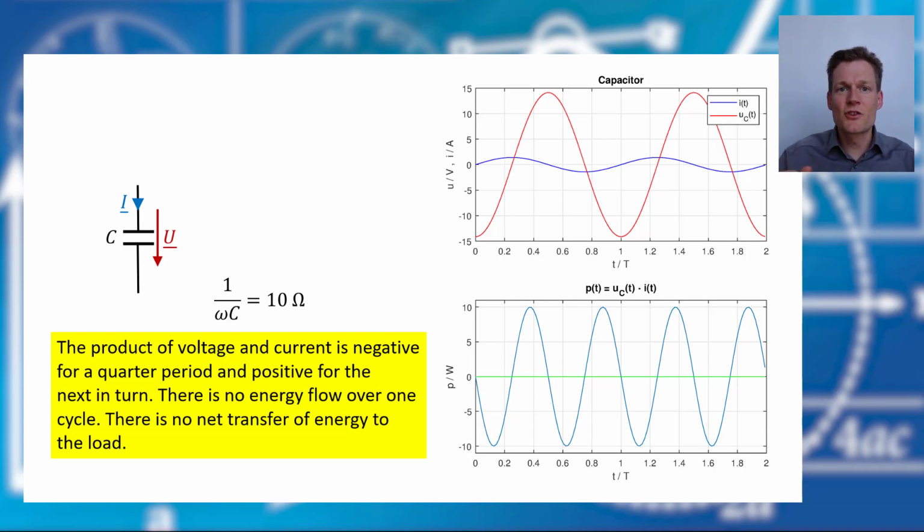But if you just measure the absolute value of the voltage and the absolute value of the current, then the product is not 0. And if we don't have to pay for it, we call this power reactive power.